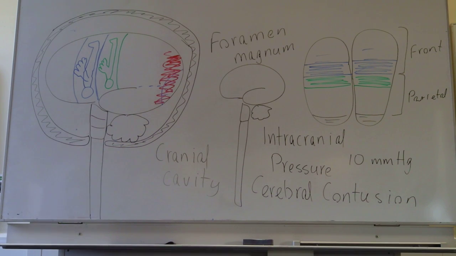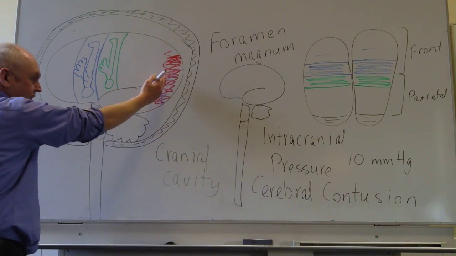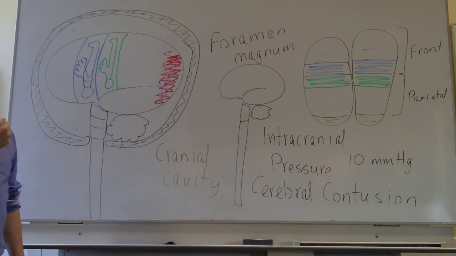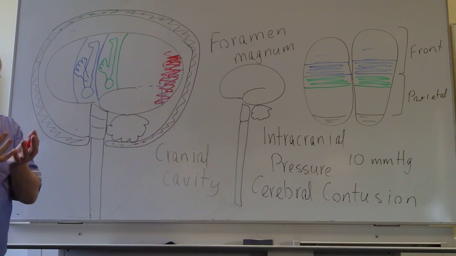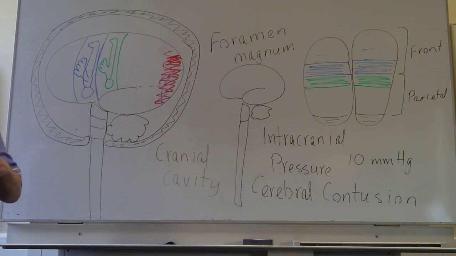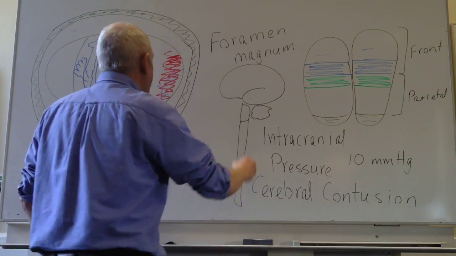But if it's worse, what can actually happen is a head injury can damage some of the blood vessels inside the cranium. You can actually damage the blood vessels. And that can lead to an intracranial hemorrhage.